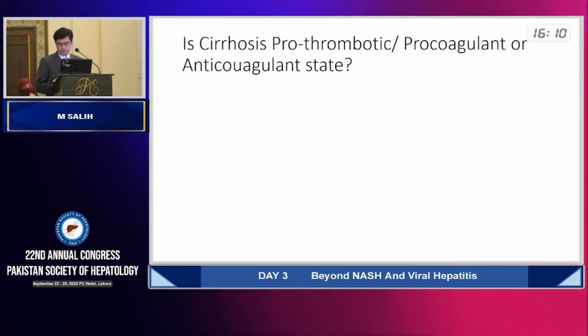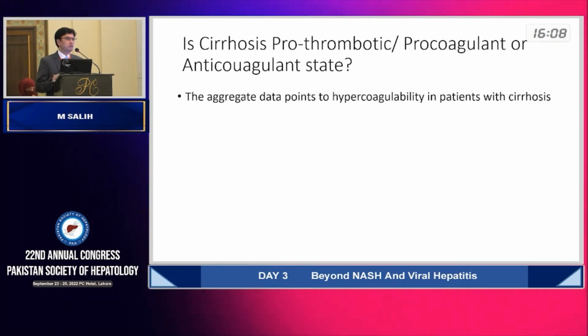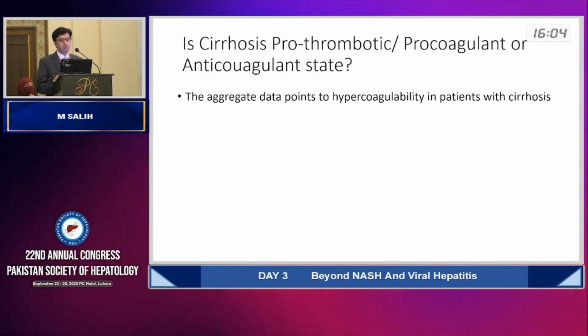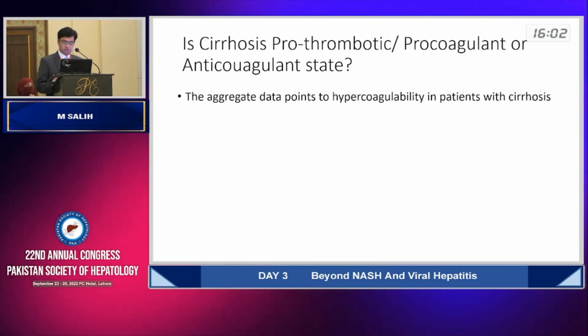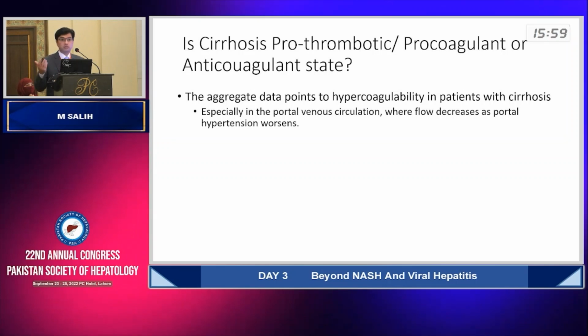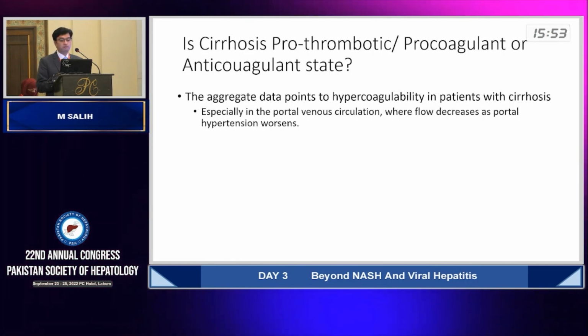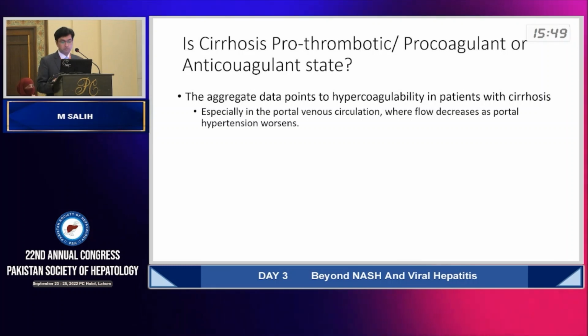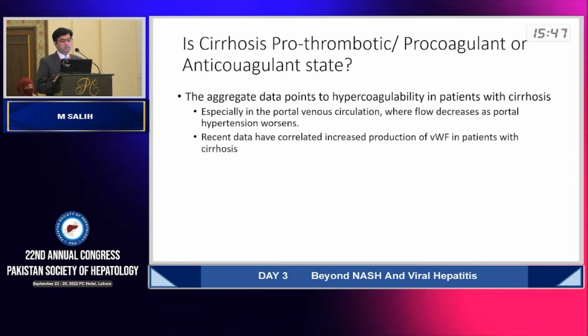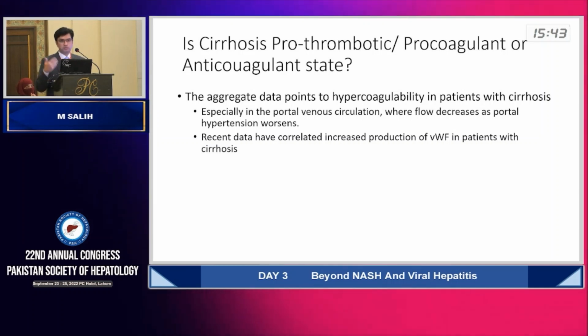Now this brings us to a question: is cirrhosis a prothrombotic, procoagulant or an anticoagulant state? Contrary to our conception that these patients are auto-anticoagulated, the aggregate data points to hypercoagulability in these patients rather than anticoagulation, more so in the portal circulation, where portal flow decreases as the portal hypertension worsens. Recent data have correlated increased production of von Willebrand factor, as we alluded to a little while ago.